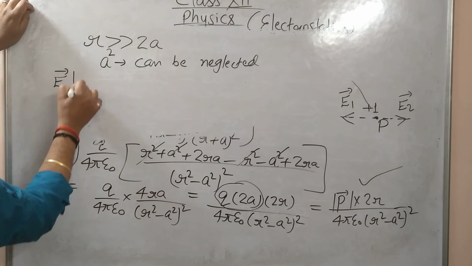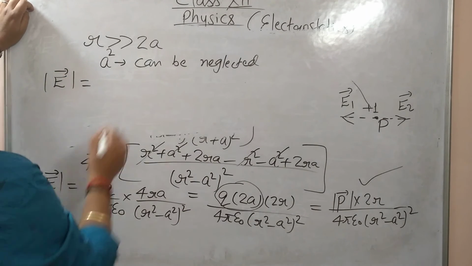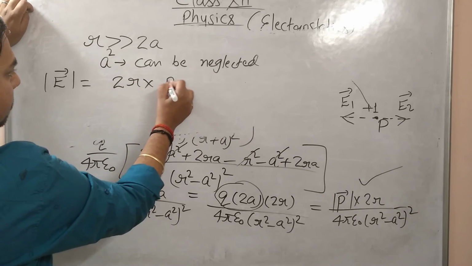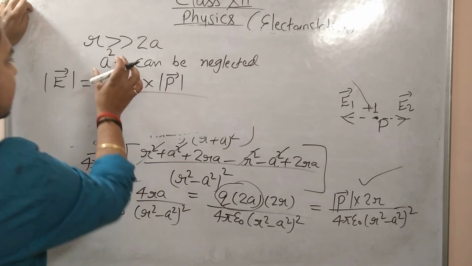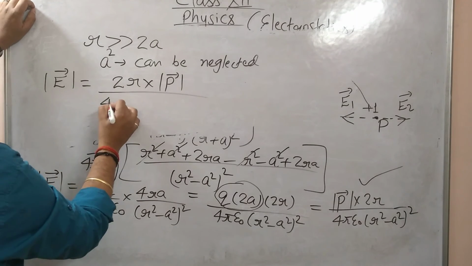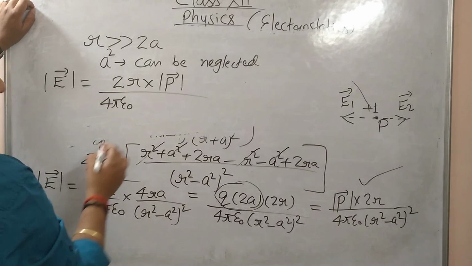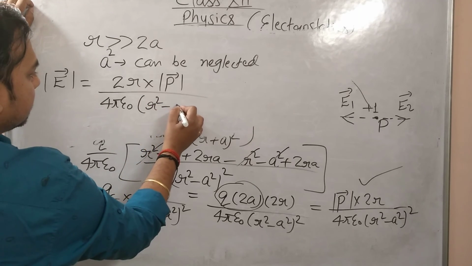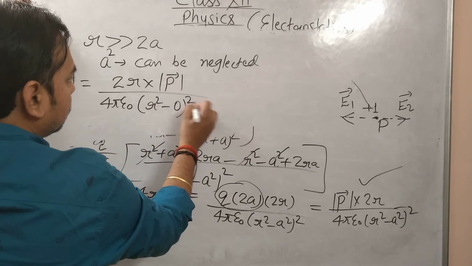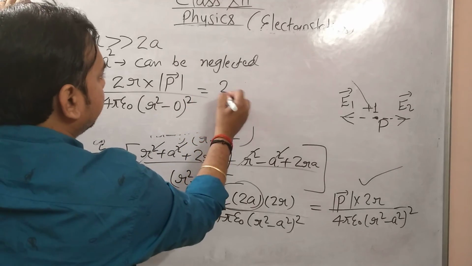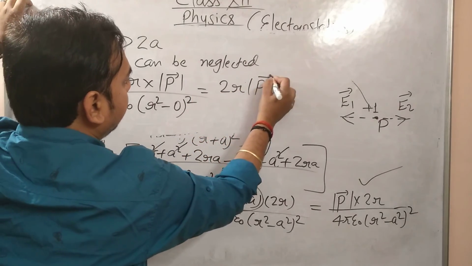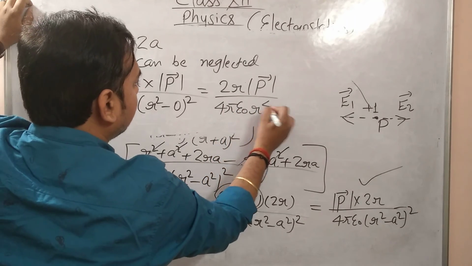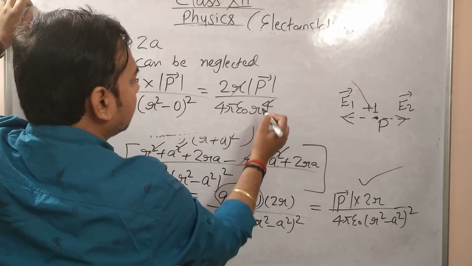So in the final result, if I apply this consideration, 4 pi epsilon naught, R square minus 0 square, what will happen? 2R times the magnitude of p over 4 pi epsilon naught R to the power 4, one R will be cancelled out.